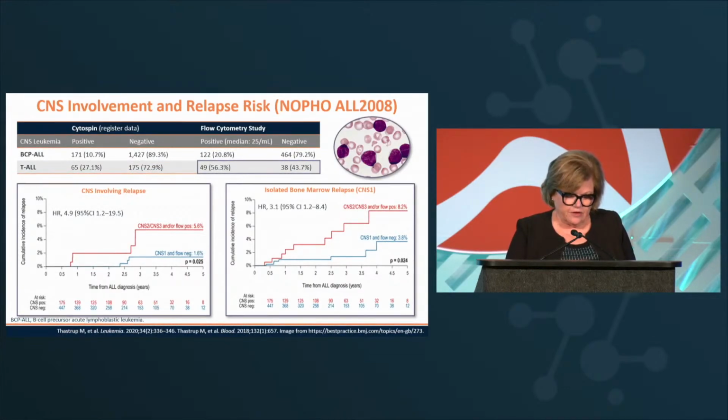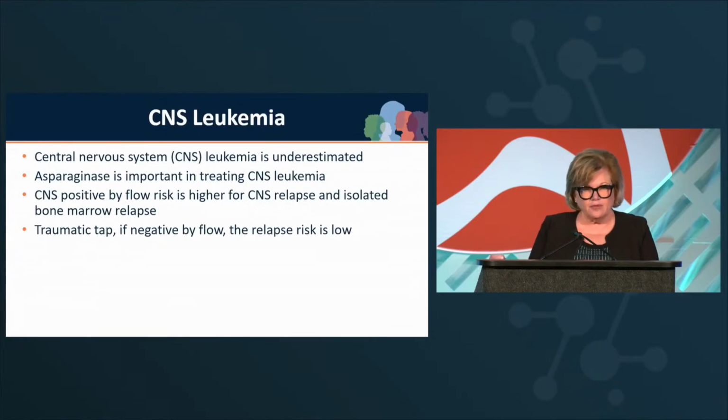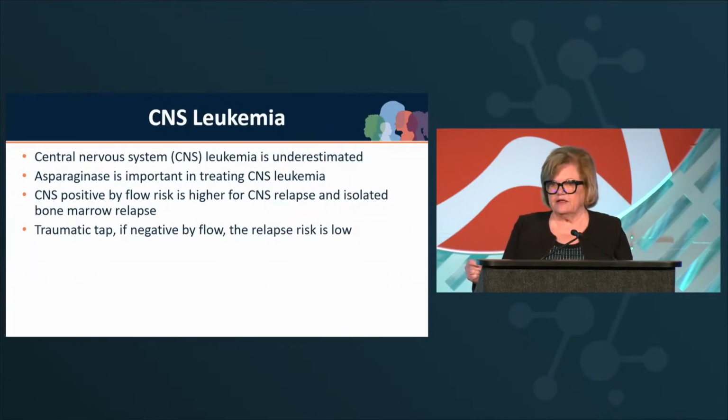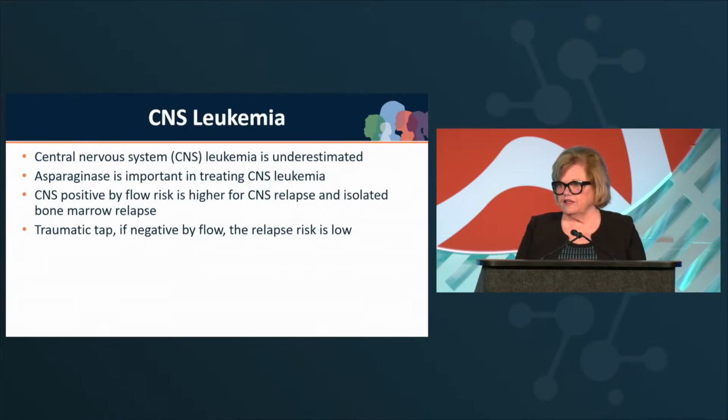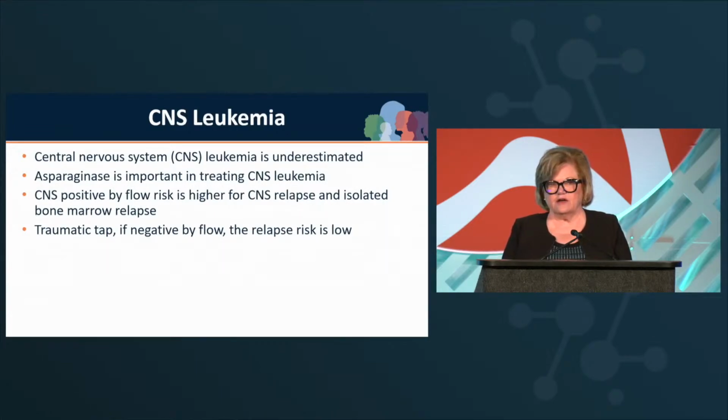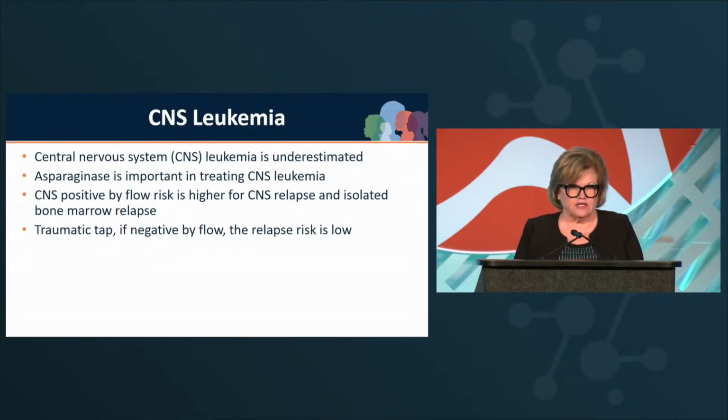So we know that the CNS involvement is very important. And the thing that I would say is that we probably have underestimated the occurrence of CNS positivity among our leukemia patients, because prior we have only looked at the cytospin, and now it's important that we also look at the flow cytometry that may be giving us a higher inference of those that are positive.